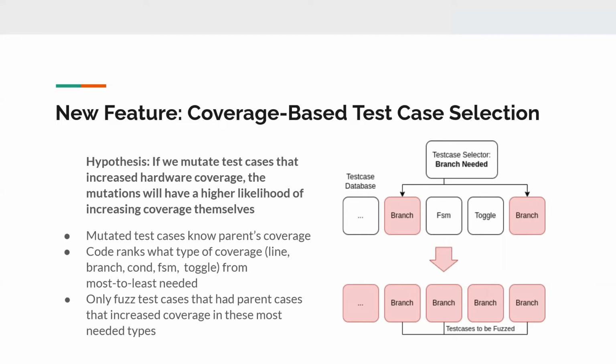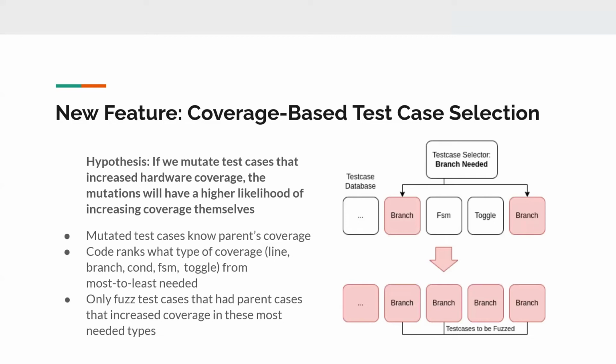The mutated test cases will know what their parent, or the test case that they were mutated from, was. They will know the coverage of their parent test case, and they will know which of those types of coverage was most improved from that case to where we are right now. And then our test case selector will select the test cases that had parents that increased coverage in those most needed types.